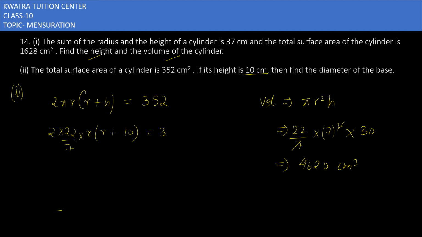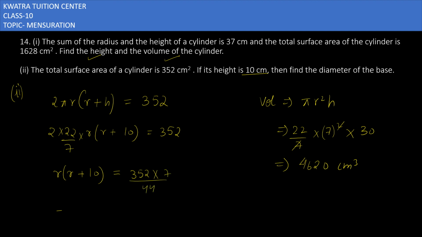Now we have to solve this equation to find the value of r. So first I will rearrange the statements, like 7 will be taken to the right side and 2 and 22 on the right side again. So we are left with r in bracket r plus 10, 352 into 7 divided by 44.